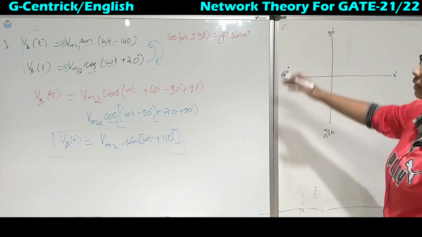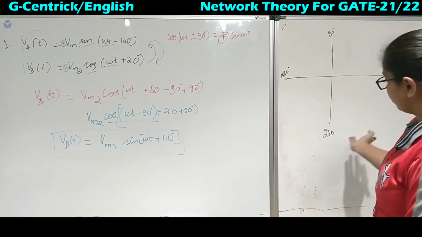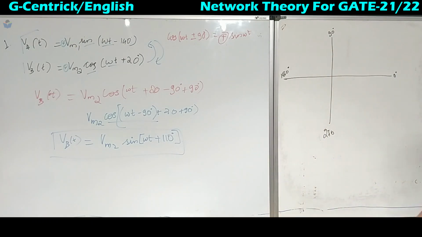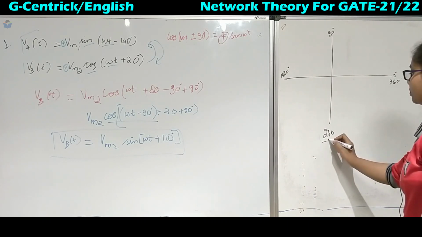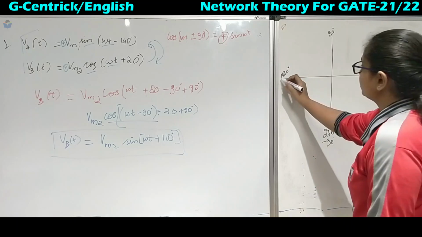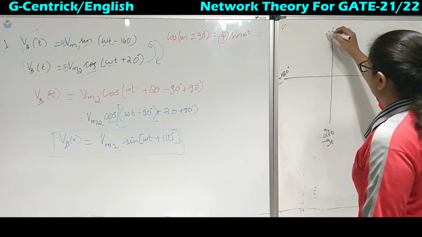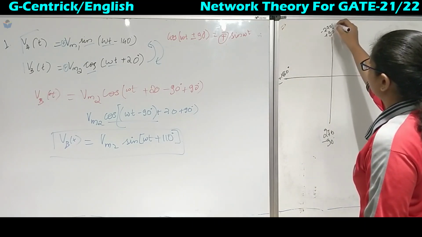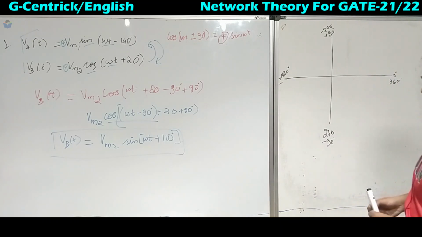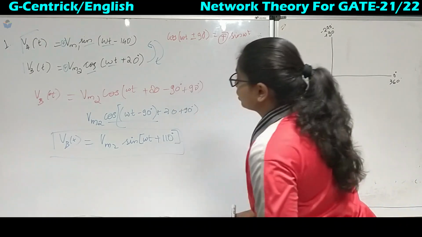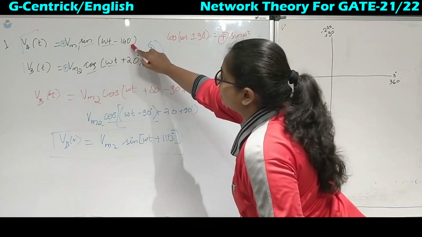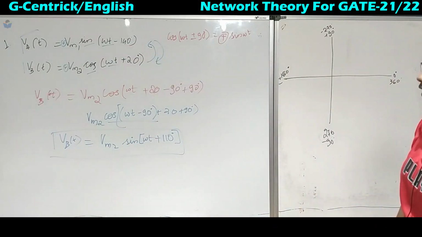If you move anti-clockwise it's positive, if you move clockwise it's negative. So this is also 360, this is minus 90, this is minus 180, and this is minus 270 degree. Now coming to Va of t, we have minus 140 degree.